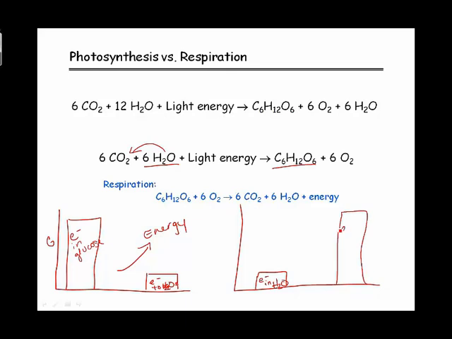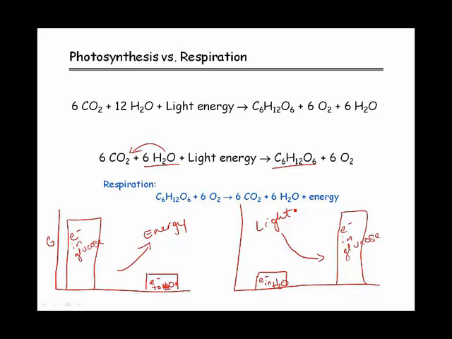So it will become electrons in an organic molecule or electrons in glucose. We'll notice here that these are going to go from low energy electrons up to high energy electrons. And the only way that that's going to happen is if we have some energy to actually pack into this process to make it take place. That's where the light is going to come into play with all of this.